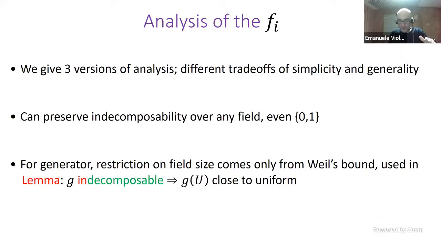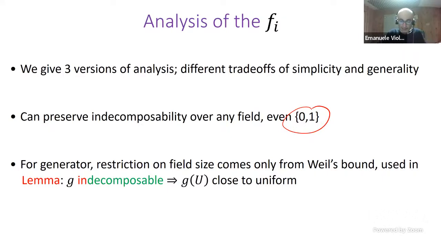The most advanced version is complicated, but using that, we can get the best possible parameters. And we can also, as in the previous question, get it to work over any field. So if you just want to preserve indecomposability, you can also do it over F2. So the only constraint on the field size now is from the Weil bound.